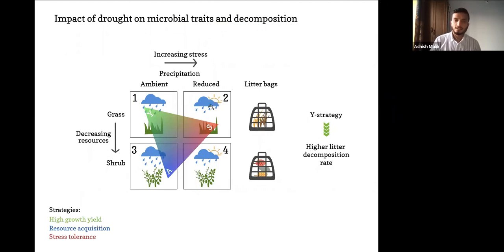And then the second highest decomposition rates will be in the grass drought treatment, followed by shrub ambient, and the worst performing communities will be in the shrub reduced, because here the substrate is difficult, but also there is the additional stress of drought.